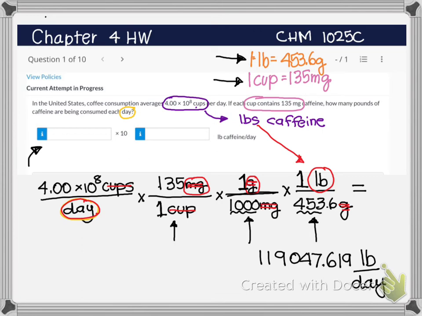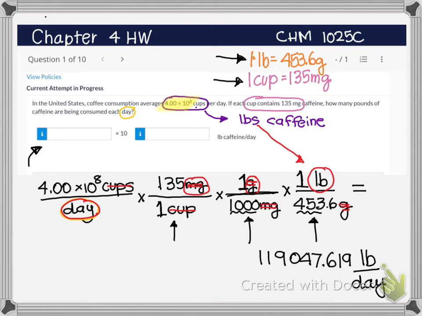So I go back to the beginning number, which was this one. Oops, I wanted a highlighter, not something to mark it out. Let me see if this is the highlighter. Yeah, this is there. So I see 4.00 times 10 to the 8th, and 4.00 is 3 significant figures.